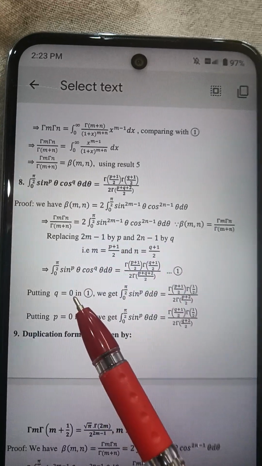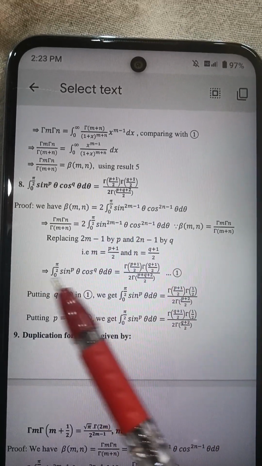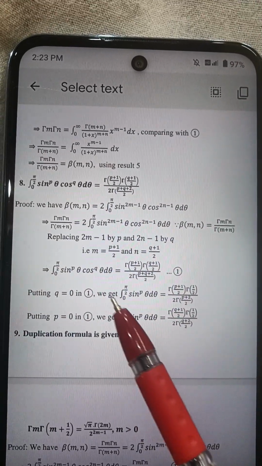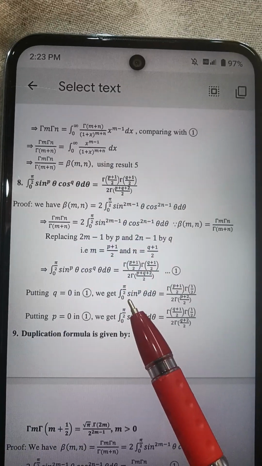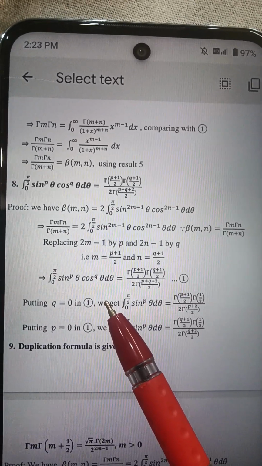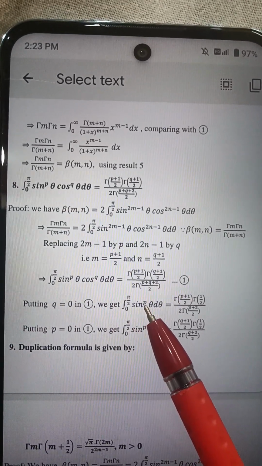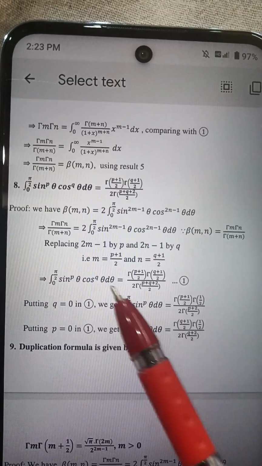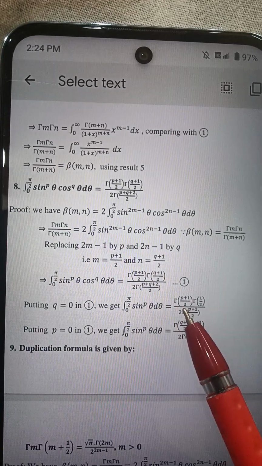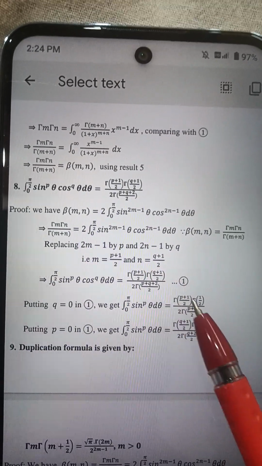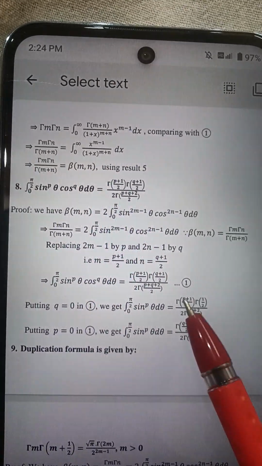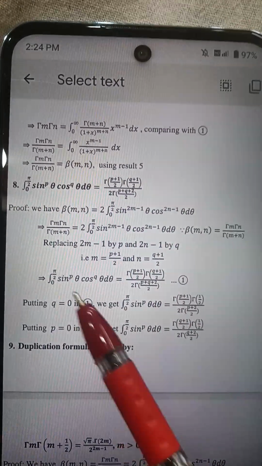Okay. Now putting q equals 0 in the first equation. What will we get? We will get the integral from 0 to pi by 2. As you know, if the power of any number is 0, that number becomes 1. So sin^p theta d theta, and cos^0 theta becomes 1. Then factorial (p+1)/2 factorial 1/2 upon 2 factorial (p+2)/2, because we have put q equals 0.